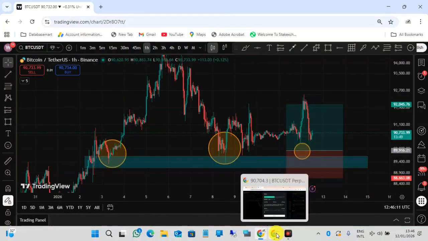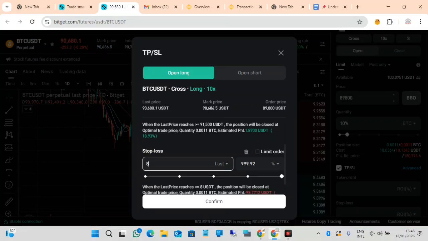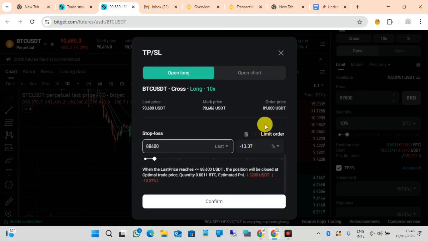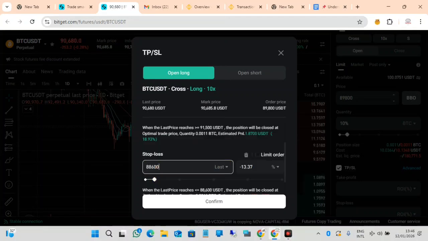Can you see 88,600? My take profit is 91,500 and my stop loss is 88,600.